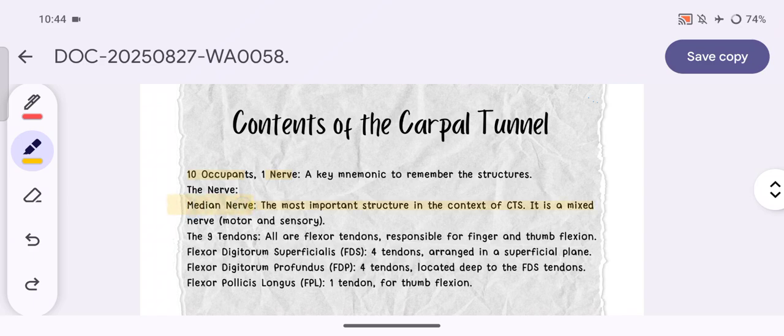The median nerve is the most important structure in the context of carpal tunnel syndrome. It is a mixed nerve, which can function as both motor and sensory. The nine tendons are all flexor tendons, responsible for finger and thumb flexion.